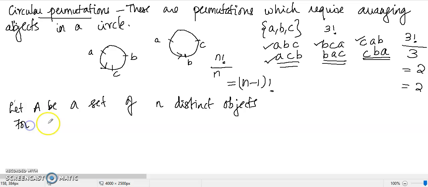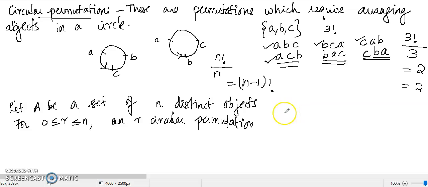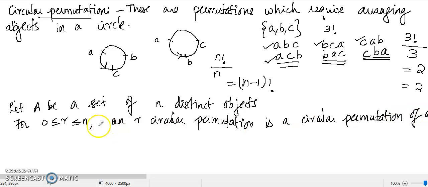Then for 0 less than or equal to R less than or equal to n, an R circular permutation is a circular permutation of any R objects taken from A. So here we have seen n permutation.